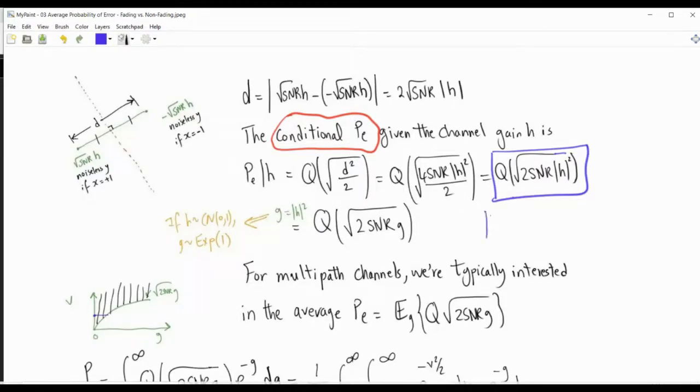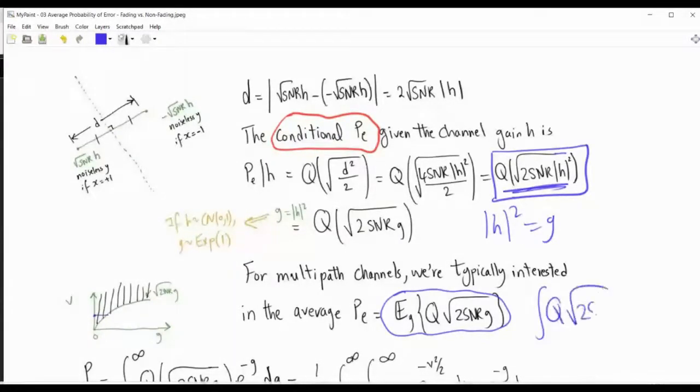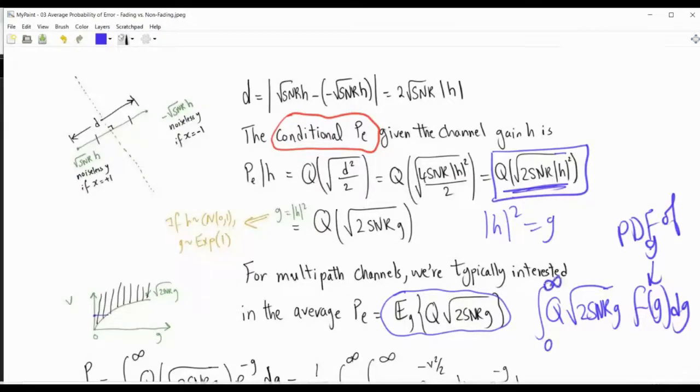So I took h squared here, called it g, and then the average probability of error will be this quantity, this Q function, averaged over g. So we take the Q function multiplied by the PDF of g, and then we integrate.